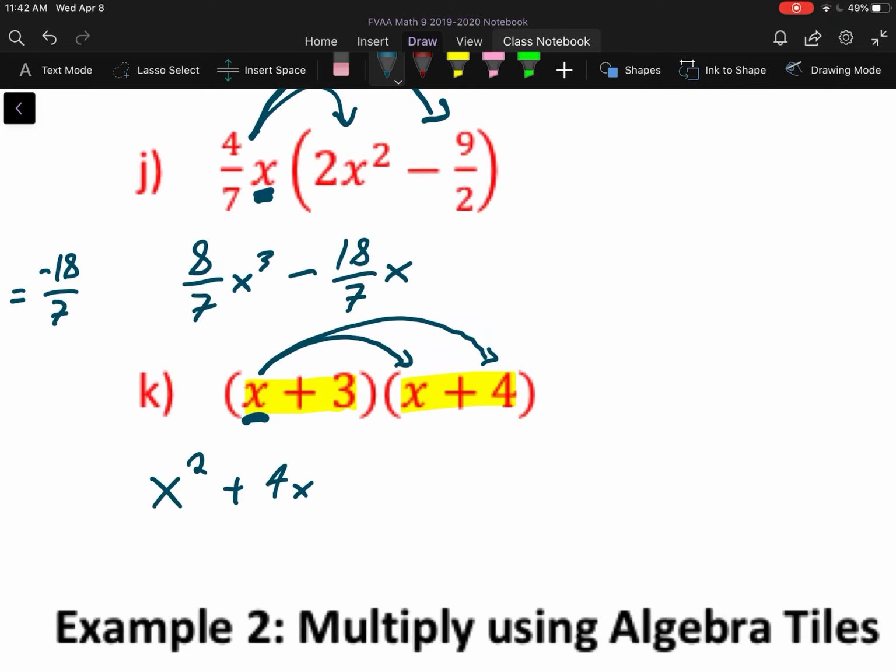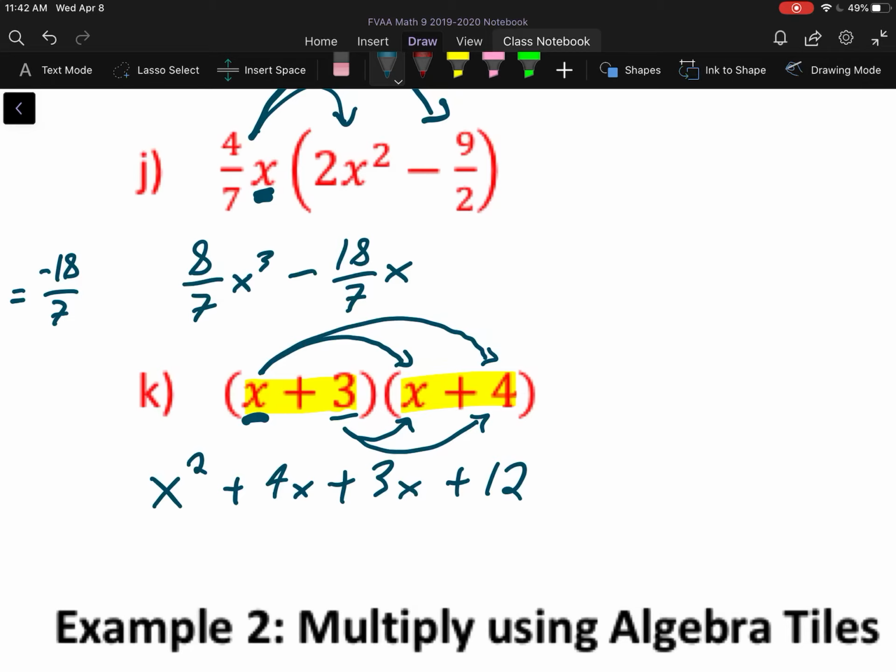Next, I want to take my second term in my first polynomial and multiply it to both terms in the second. So positive 3 times x gives me plus 3x, and then 3 times 4 gives me plus 12. Okay, so each term in the first polynomial needs to be multiplied by each term in the second polynomial.